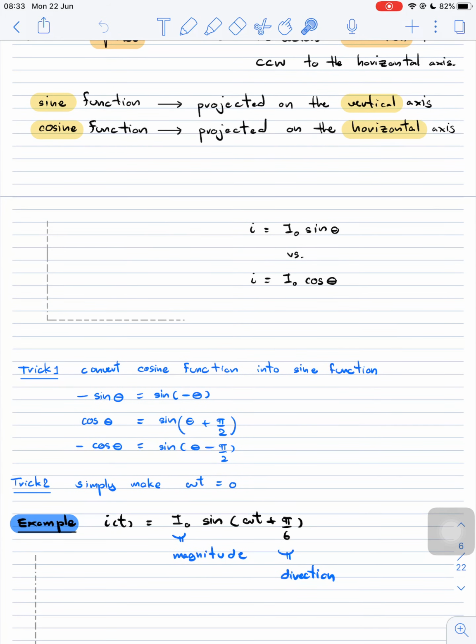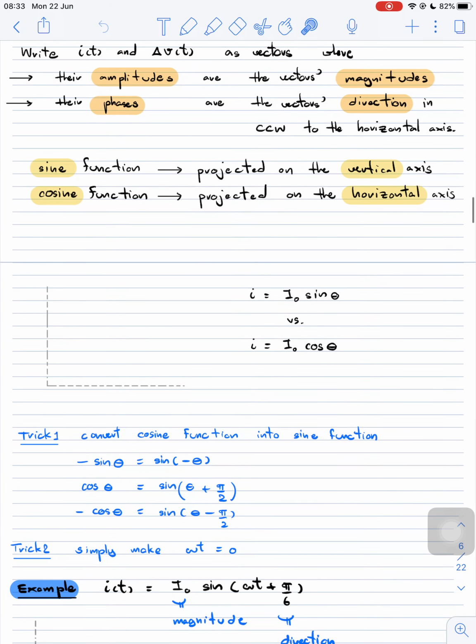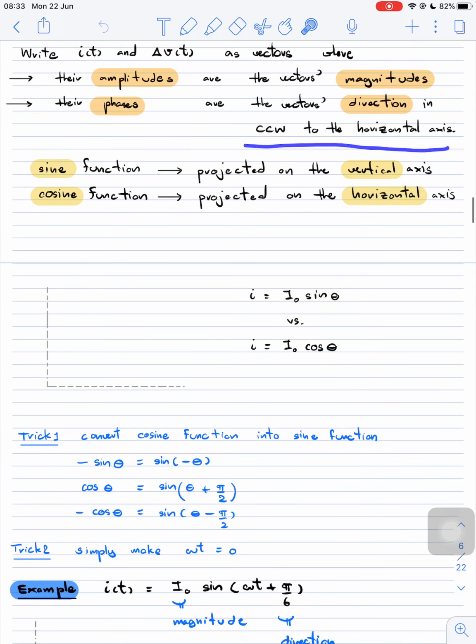If I have I equal to I naught times sine theta, right? So we say that I naught is going to be the magnitude of the vector, and the direction is going to be theta counterclockwise to the horizontal axis, right? So we have this axis, the vertical one and the horizontal one.